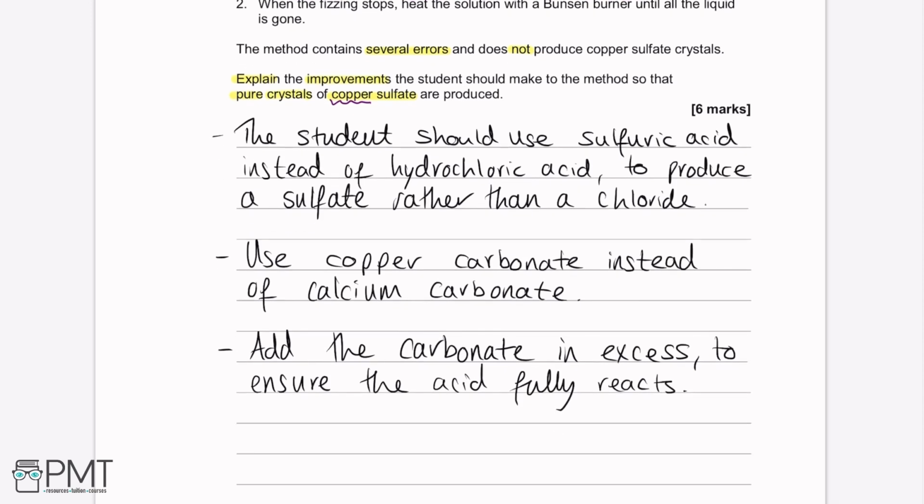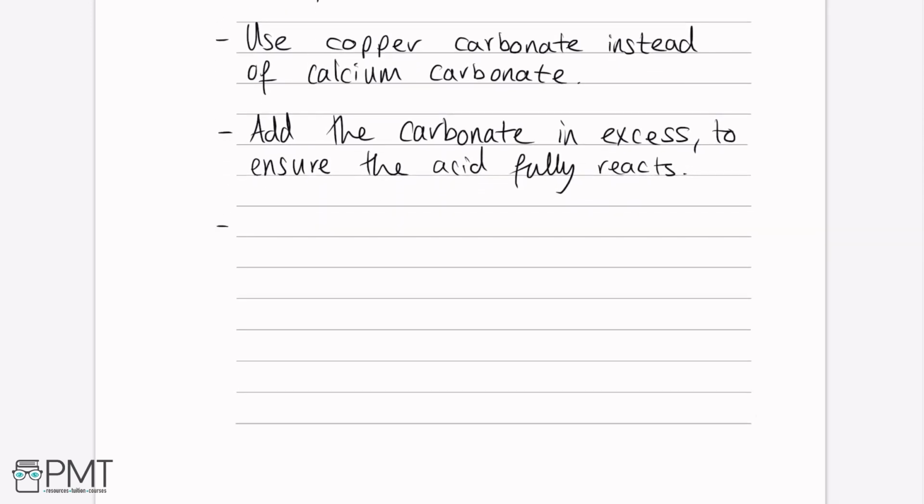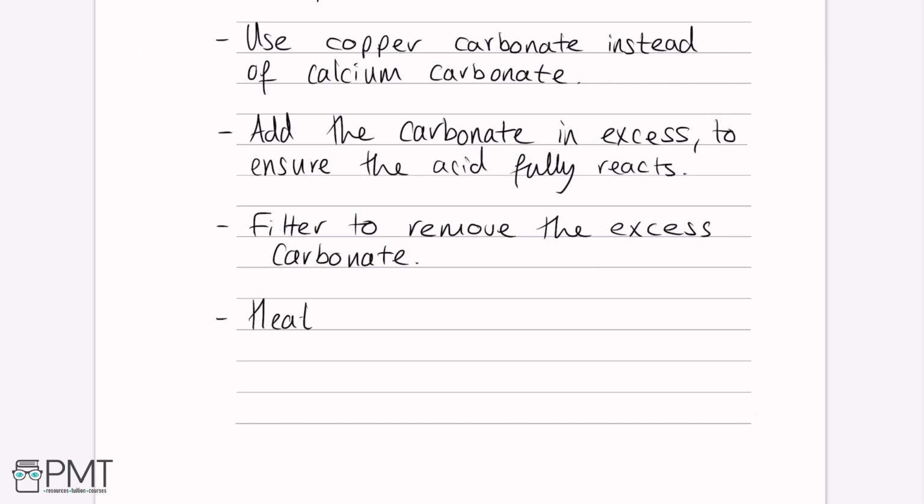And this process is filtration. So the next improvement we could suggest is to filter, to remove the excess carbonate. And now to make crystals, the last improvement could be to heat gently and leave to crystallize.